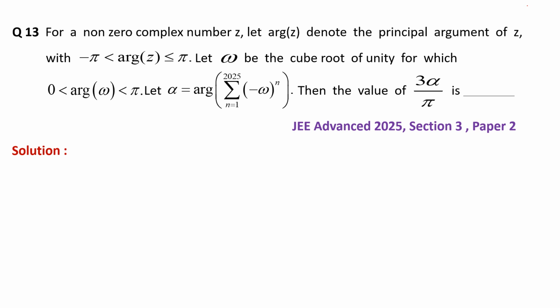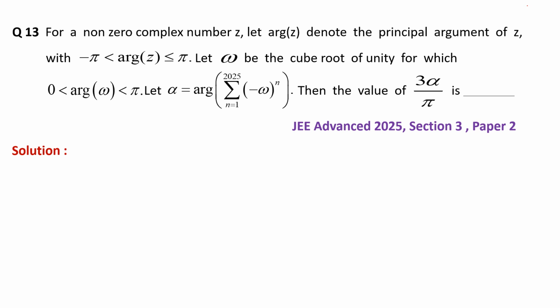Now, this question talks about that cube root of unity which has its argument lying between 0 and pi. We know that there are three cube roots of unity: 1, minus 1 plus root 3 iota whole divided by 2, and minus 1 minus root 3 iota whole divided by 2.